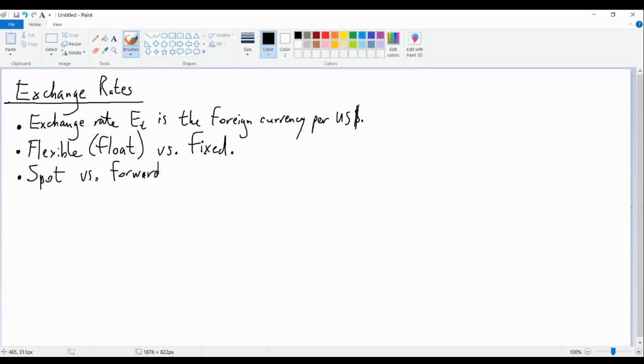It's usually referred to as a forward rate. So we're going to be talking about spots, but again, we know about futures. The futures prices are determined by what you expect the exchange rate to be at the future date.